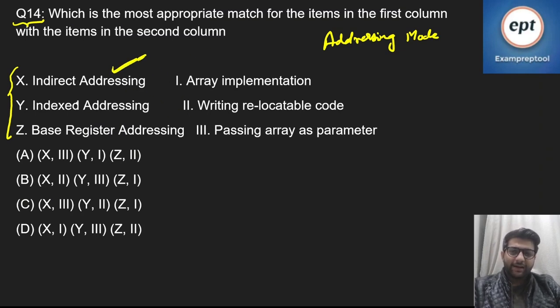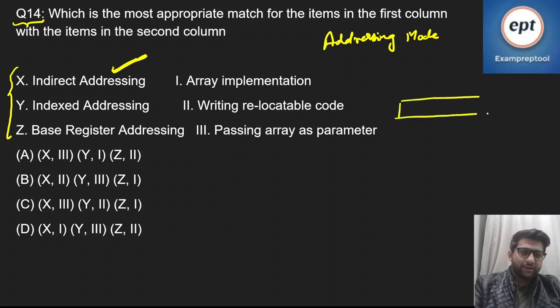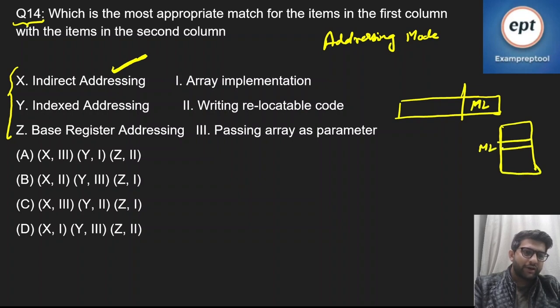I explained that indirect addressing mode cannot support writing relocatable code because the memory location is stored in the instruction, and that particular memory location stores another memory location which stores the operand value. If we relocate this code, then we will have to recompile it because the memory location would have changed.